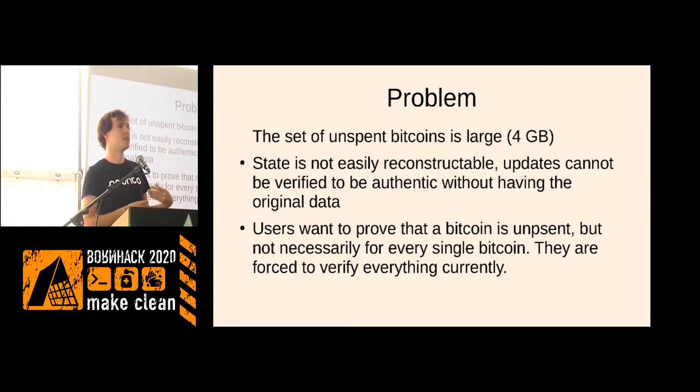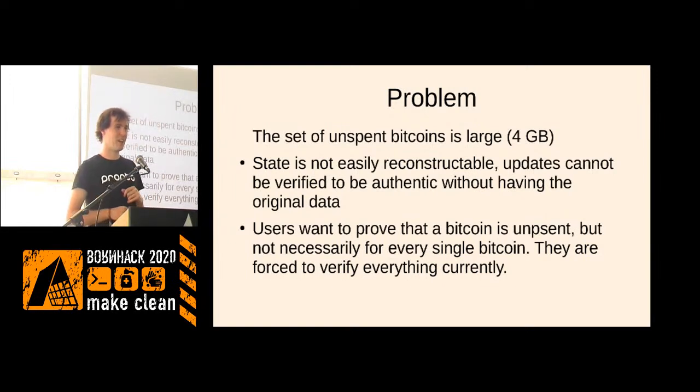This means it's a Bitcoin that could be spent if you have the right program, but it hasn't been spent yet. And this is actually the most important. If you're a user of Bitcoin, you just want to know, has my Bitcoin been spent or has it not been spent?